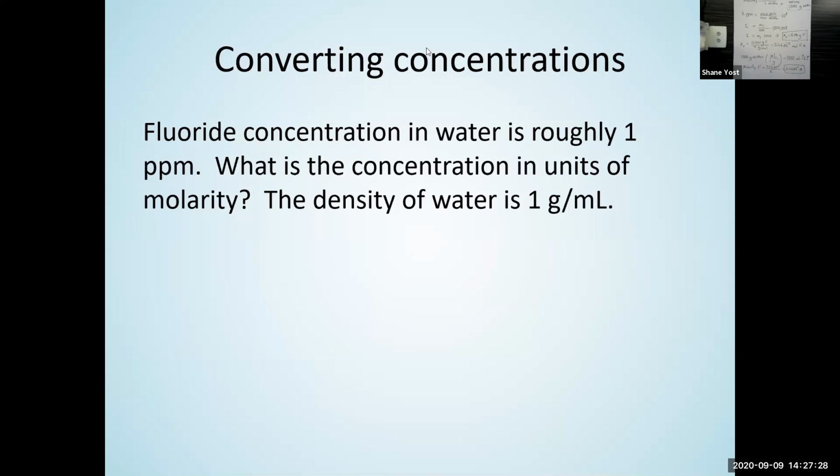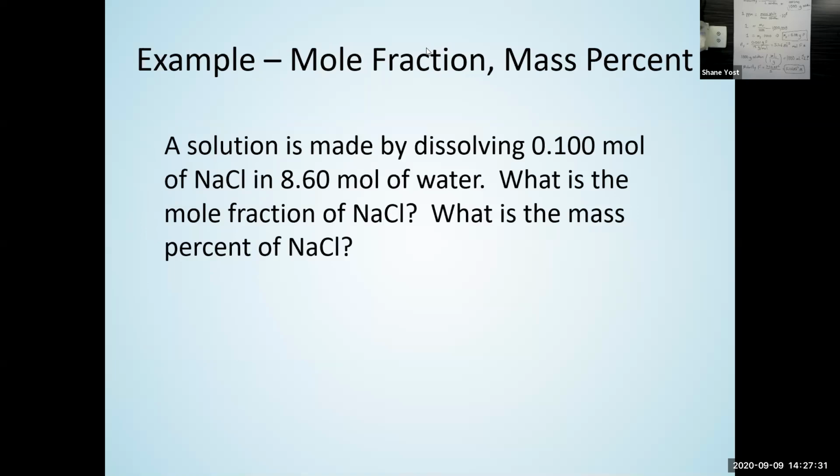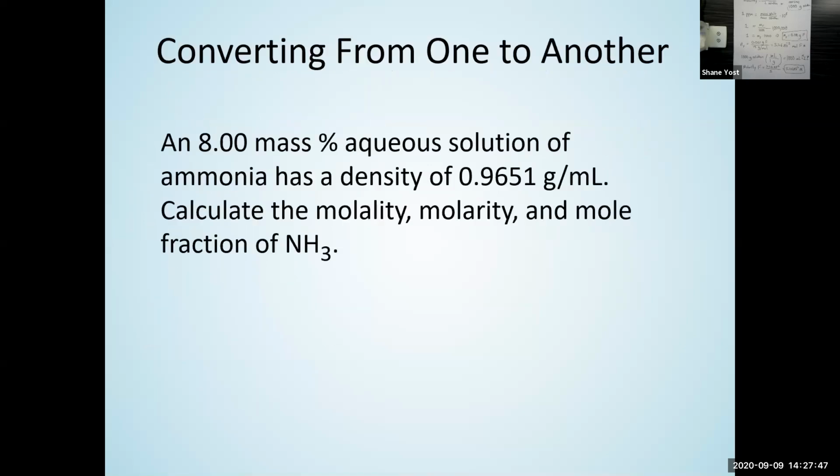If a problem tells you how many moles of solute you have, like 0.1 moles of NaCl and 8.6 moles of water, that tells me the amount of everything, so there are no assumptions to make. But in this problem and the one from last week, you're just given a mass percent, some concentration unit, and you're converting to another concentration unit, so you definitely want to start by assuming some total amount.